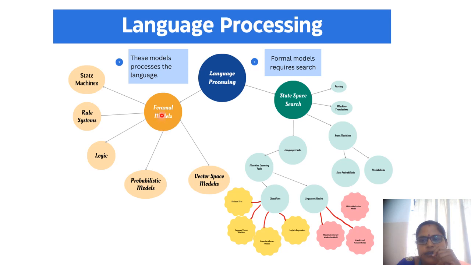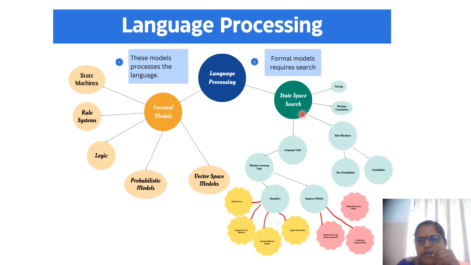We'll first look into what a formal model is. We have many types of formal models: state machines, rule systems, logic, probabilistic models, vector space models. These models we have learned in the previous subjects. So what is the search required or executed by the models?